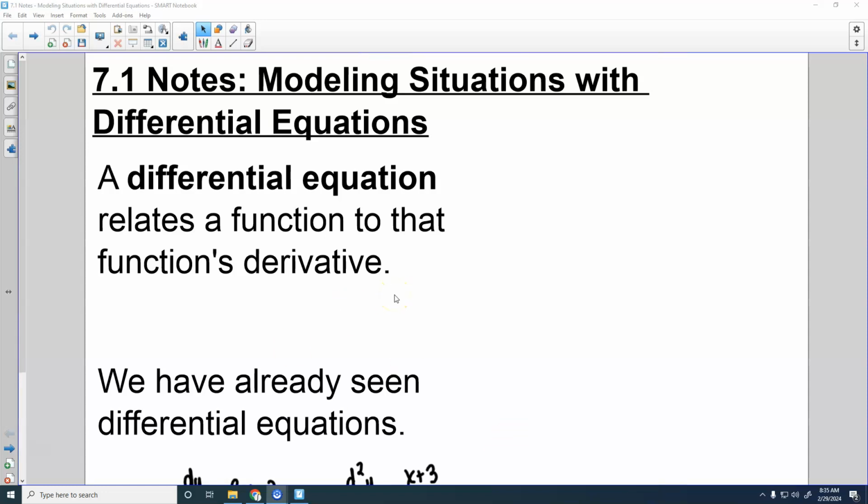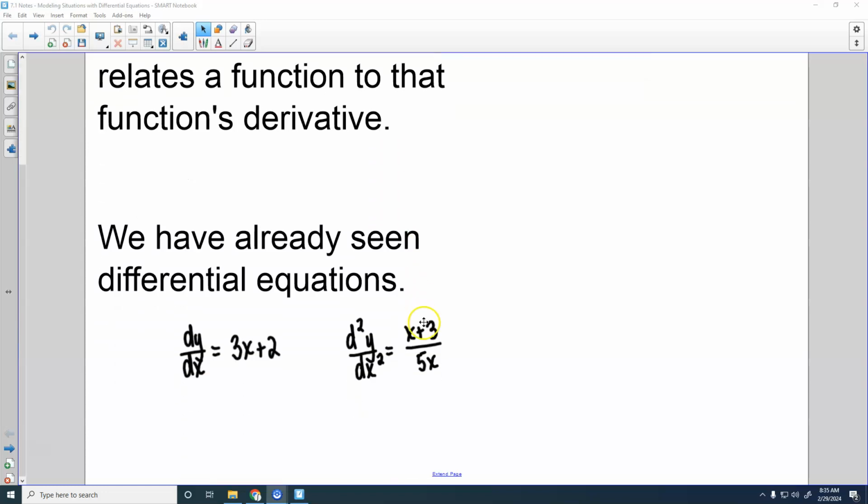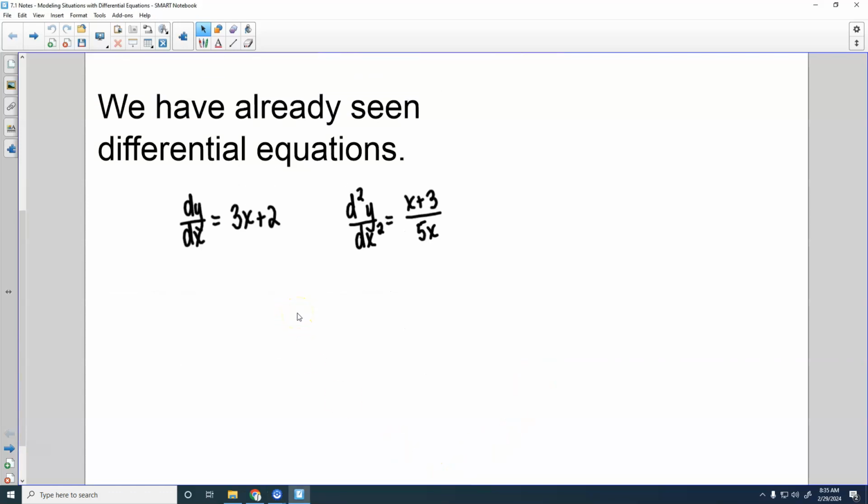So a differential equation relates a function to that function's derivative. Okay, and we have already seen super simple differential equations, where instead of putting y prime or f prime of x, we have said dy over dx, right?